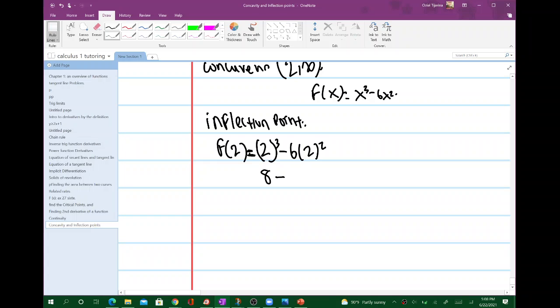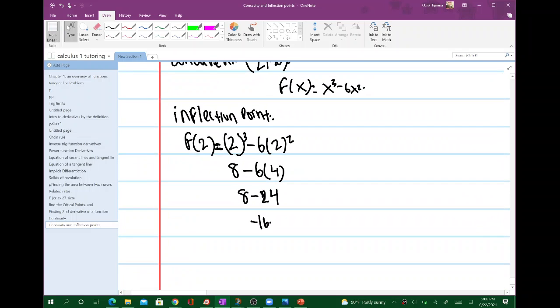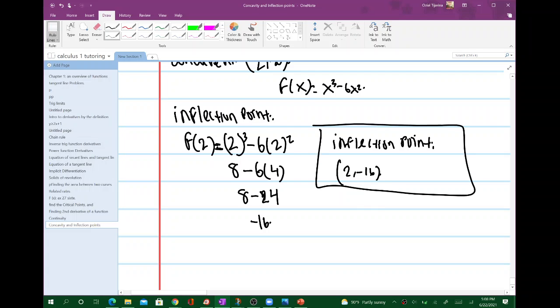So then we have 8 minus 6 times 4, which is 8 minus 24, which is going to be negative 16, right? So the inflection point is the following: 2, negative 16. And that is how you do this problem.